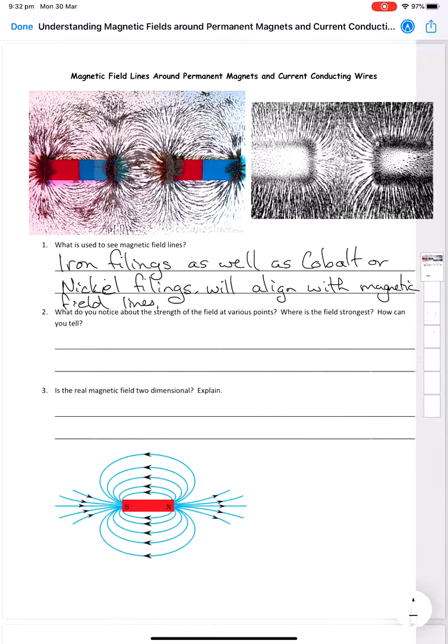Always the magnetic field is most intense directly at the poles of the magnet. As you get further away from the poles, the field lines spread out, and on the sides of the magnet, they create almost like a loop or a bowed effect around the magnet. You'll notice that the field lines are further apart than they are right at the poles. So wherever the field lines are closest, we have our strongest field.